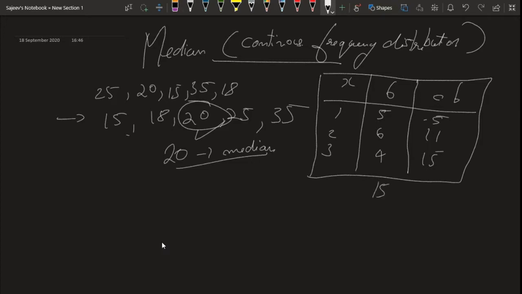N by 2 is the total sum by 2, so 15 by 2 equals 7.5, right? If you look at the cumulative frequency, what's just above 7.5 is 11, and the corresponding value of 11 is 2, so our median is 2.